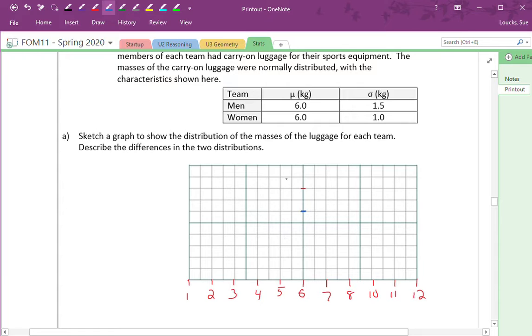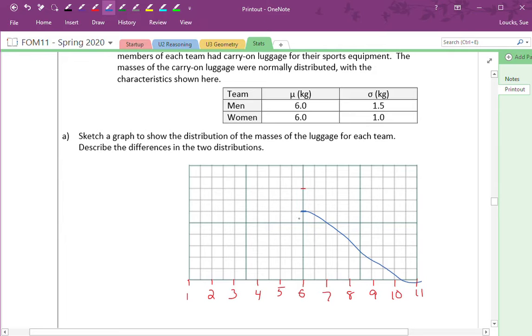So let's just draw it. I'm going to have it sort of tail out to between 11 and 12. Can't even count. Sorry, I'm going to fix these. Telling me I should stop for the day. 9, 10, 11. Okay, let's try that again. So the men's team is going to go from 6 and it's going to curve like that.